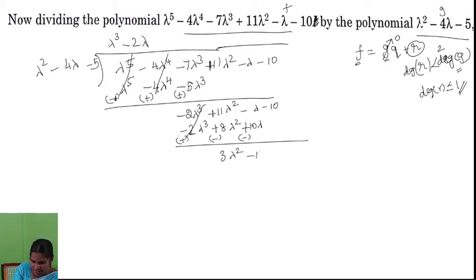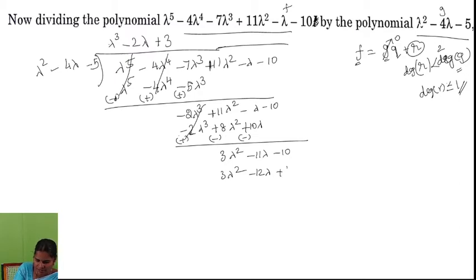Here minus 11 lambda minus 10 will be there. Now here already lambda squared is there. To get 3 lambda squared, we have to multiply lambda squared by 3 only. So lambda squared into 3 is 3 lambda squared, minus 4 into 3 is minus 12 lambda.